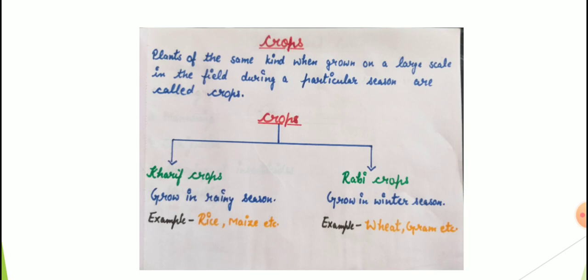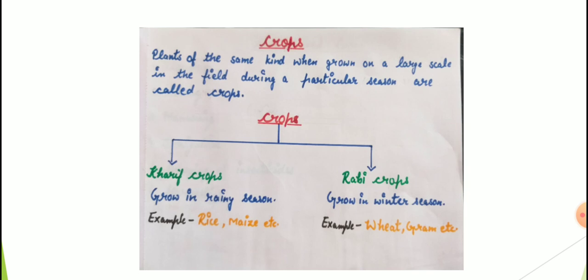Examples of kharif crops are rice, maize, jowar, bajra and cotton.